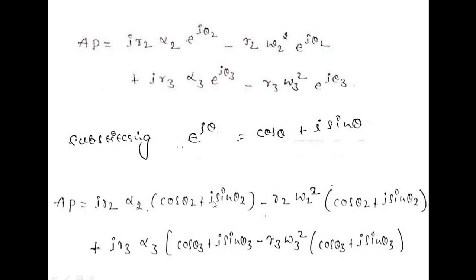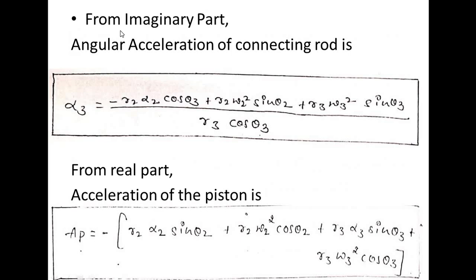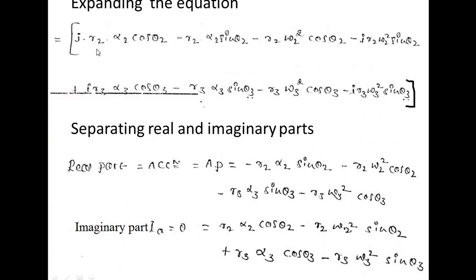Then what we will do is expand this equation, we multiply the terms and separate the real and imaginary parts. So the previous equation we expand, and we will obtain it like this.